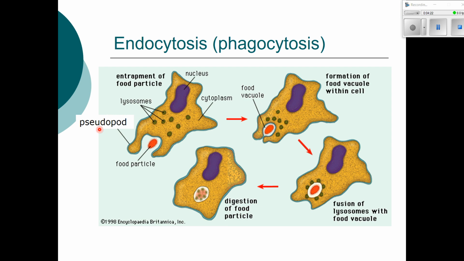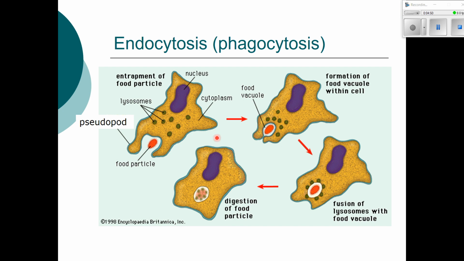And basically the pseudopodia stretch out and wrap around, as you see here, the bacteria until all of this fuses together, and the bacteria is now inside the cell, completely surrounded by membrane, enclosed in what we call a food vacuole.